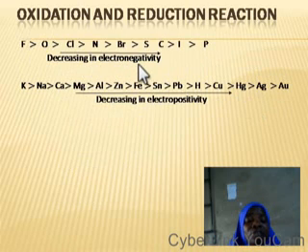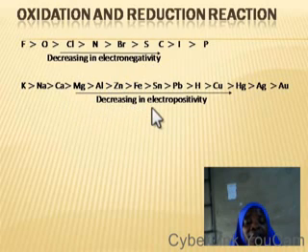See, the electronegativity decreases as you move from chlorine to phosphorus, and here the electropositive elements, that is the metals, decrease from potassium to mercury. There you see it, see the arrow, it decreases like that. And also the electronegative element decreases as you go from fluorine to phosphorus.